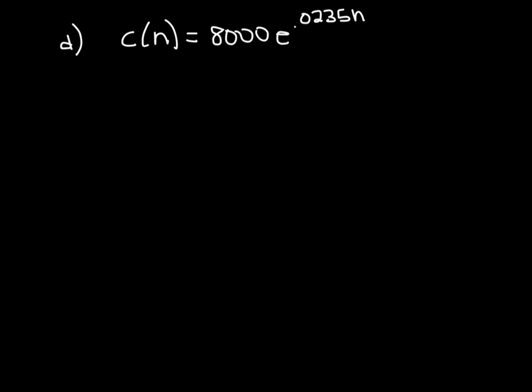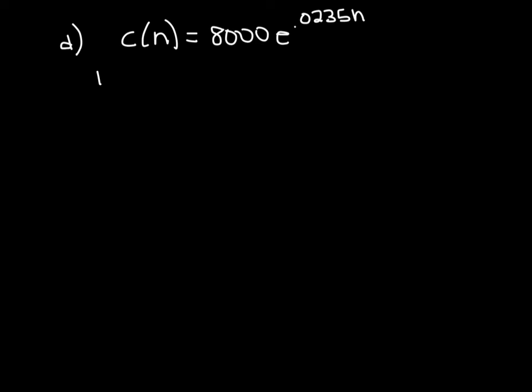All right, and finally, letter D just wants you to determine how long it will take for option C to increase Nick's initial investment by $4,000. So if his initial investment was $8,000 and we want to increase this by $4,000, we want to see how long it's going to take to grow to $8,000 plus $4,000, so to $12,000.